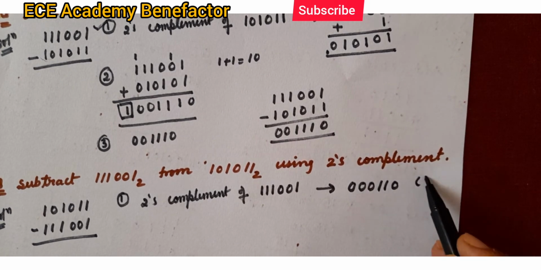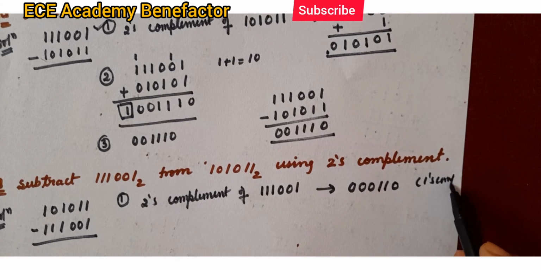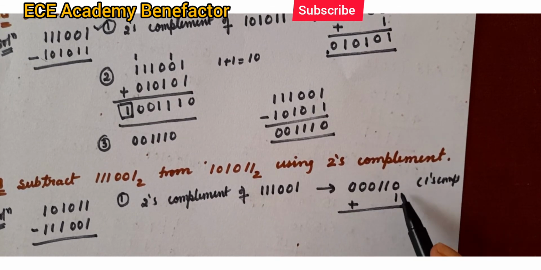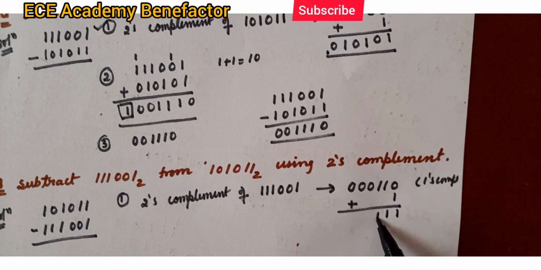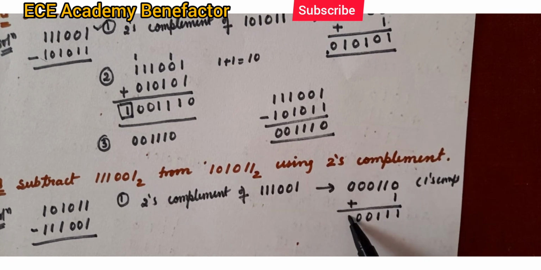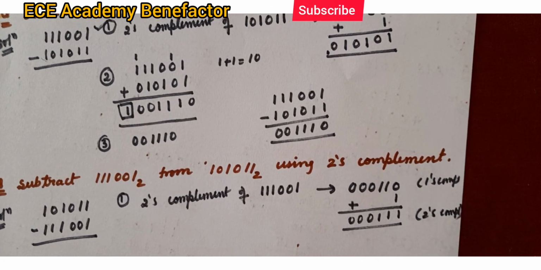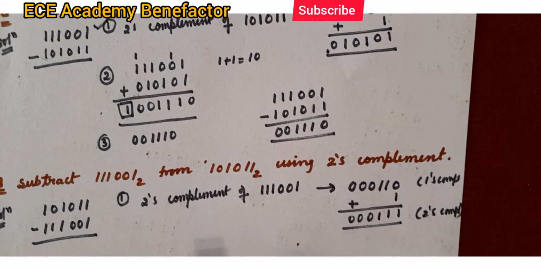This is 1's complement, and add 1 to the LSB, it becomes 2's complement, 000111. This is the 2's complement. So first find the 2's complement of the subtrahend.